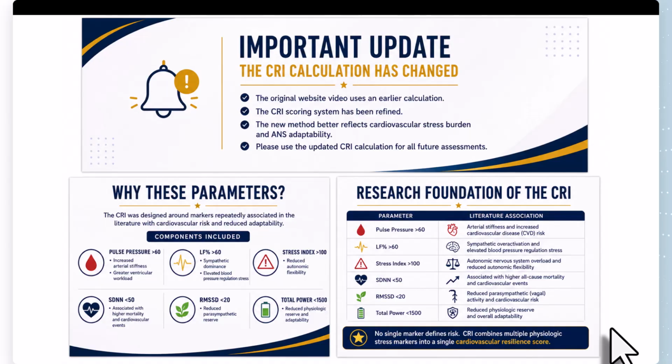SDNN is a big one, and lower than 50 is associated with higher all-cause mortality and cardiovascular events. So we put this together in a way that ties in all this research. RMSSD lower than 20 means reduced parasympathetic vagal activity and cardiovascular risk. How about the total power below 1500? Reduced physiologic reserve and overall adaptability.